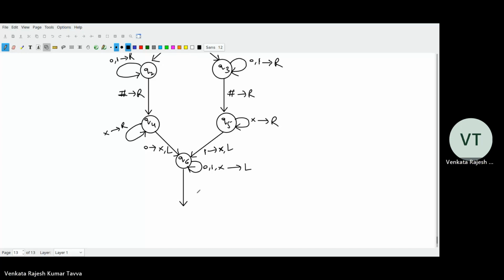You will see only cross symbols, and then we will see the hash. After that, we will see 0, 1.